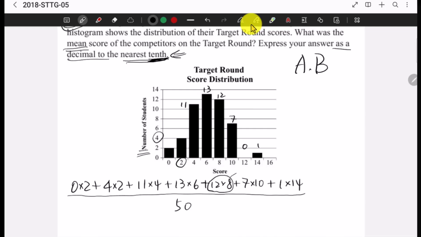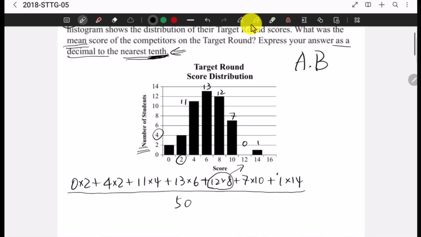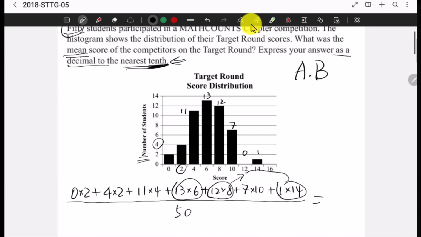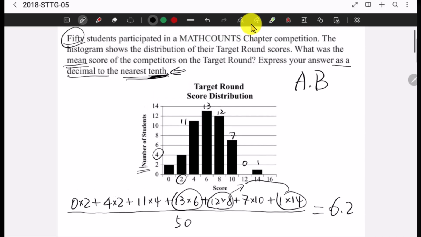Like for this one, you can tell its last digit is 6, so you want to combine that with this one, whose last digit is 8, and there's no one else that you can combine, things like that. However, the output is 6.2.